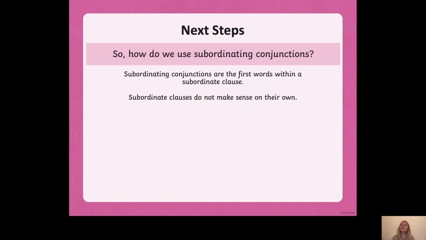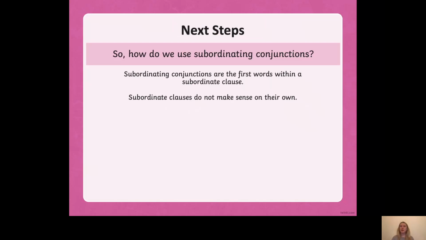So a subordinating conjunction will always come at the beginning of a subordinate clause. So, I will finish my homework when I get home. When I get home is our subordinate clause, and when is our conjunction, which is at the start of our subordinate clause.